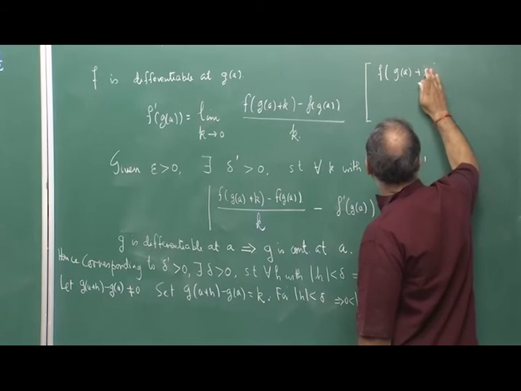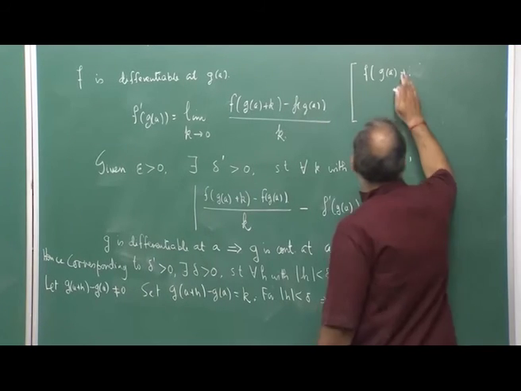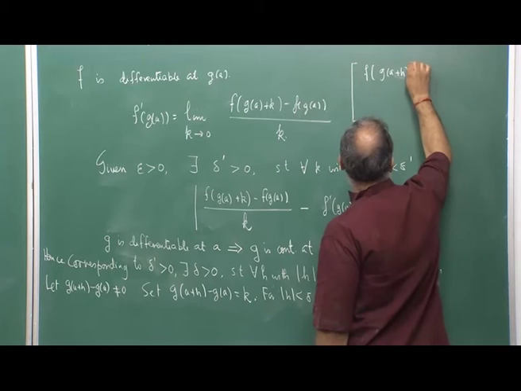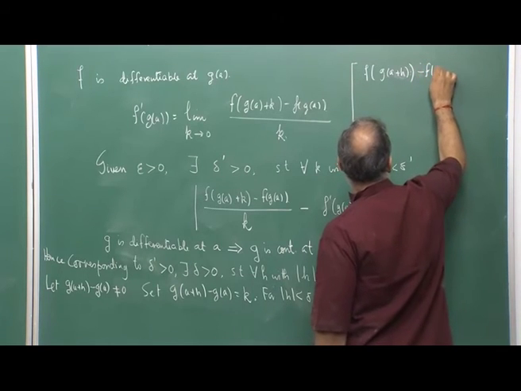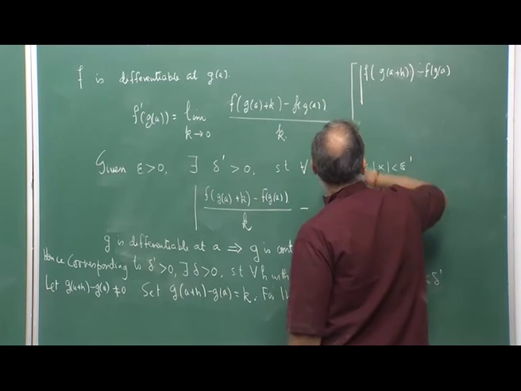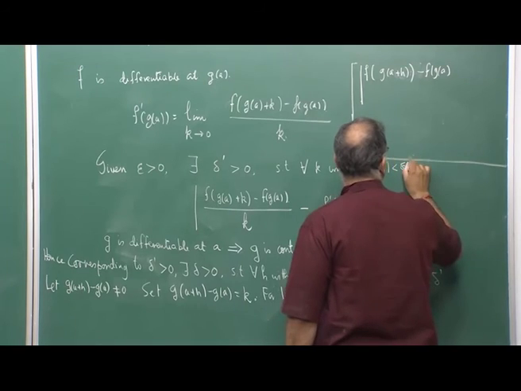if I write here k as g of a plus h minus g a, I will simply have here g of a plus h minus f of g a. I am doing this part of the proof here, with delta dash.